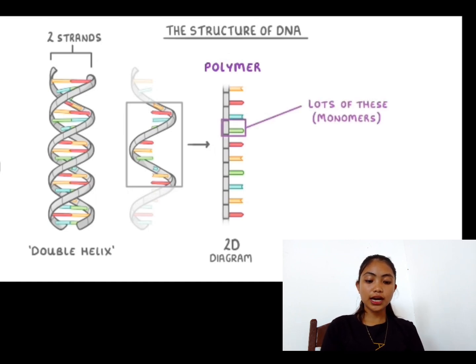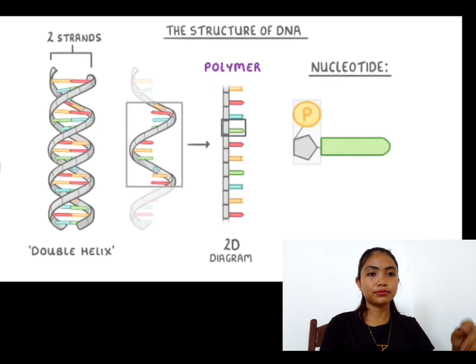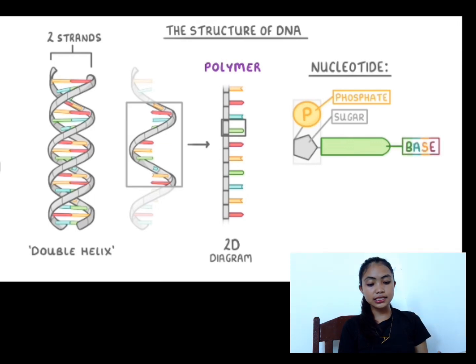And if we look at the nucleotide in more detail, we can see each one is actually made up of 3 different parts. At the top, we've got a phosphate, which is connected to a sugar, and then on the side, we have a base. Importantly, every nucleotide has exactly the same phosphate and sugar.